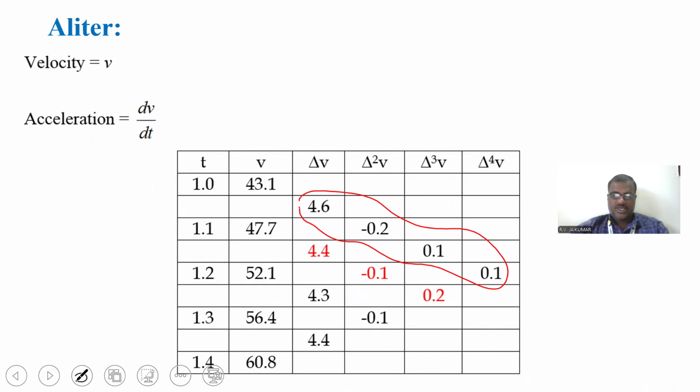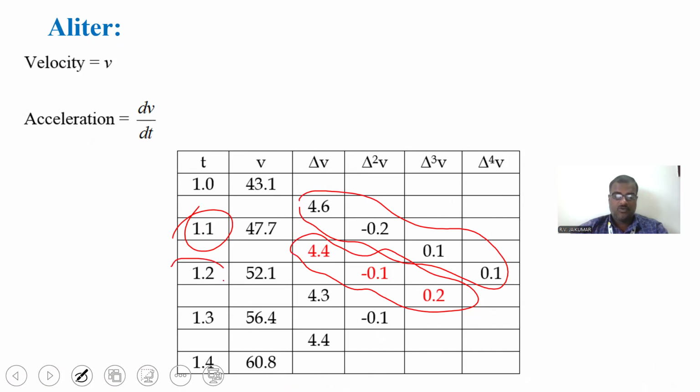Instead, you can look at the second values of each column, because they are asking to find the derivative at x equal to 1.1. So 1.1 is situated in the second value of the column, so you have to choose the second value of the forward differences in each column.